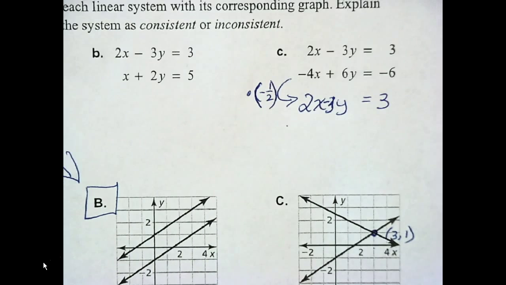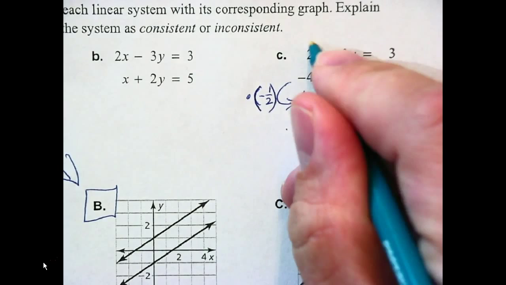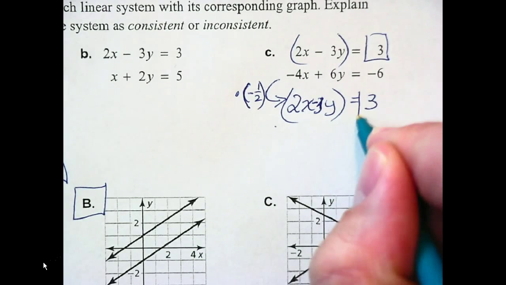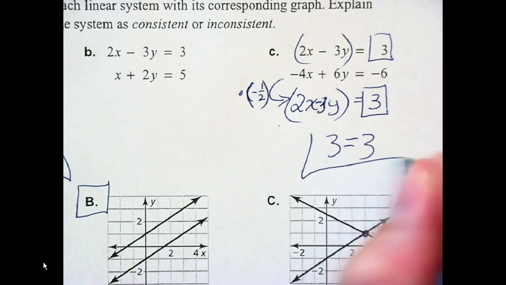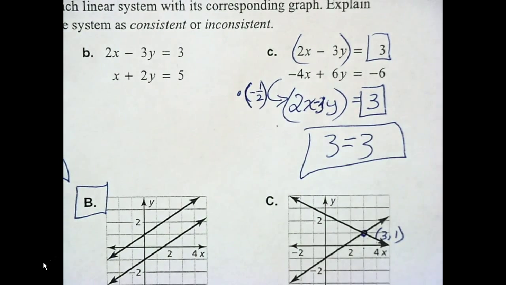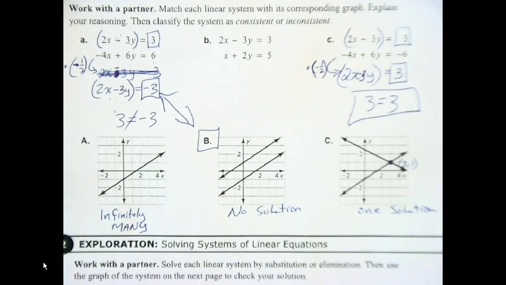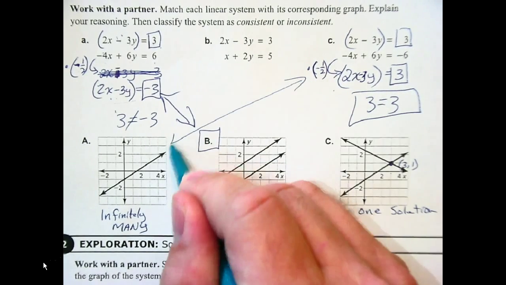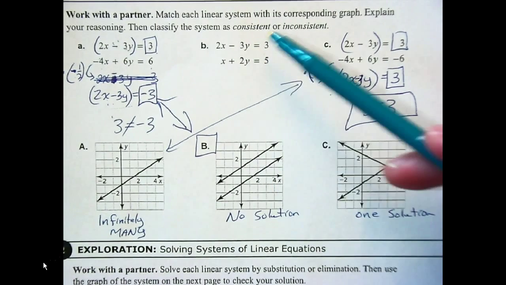How is that helpful? Kelsey? Good. You know these are identical, so now we know 3 equals 3. Is that true? Yes, and that's always true, so that is infinitely many. Letter C goes with graph A. Okay, those two match up. Which implies letter B goes with B. Or no, I'm sorry, letter B goes with C.